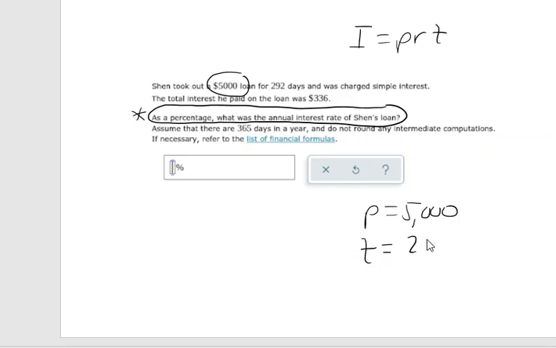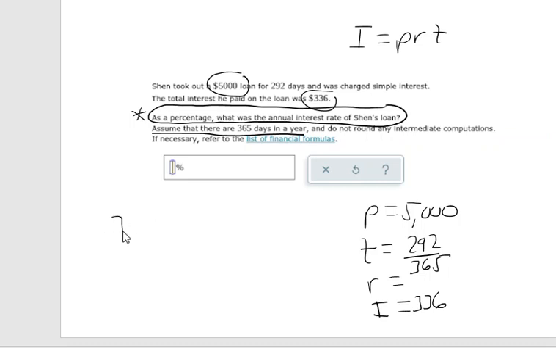So if the loan was for 292 days, that needs to be written as 292 out of 365 because it says assume that there are 365 days in a year. The R, we don't know that. And then the I, the total interest that he paid on the loan was $336.